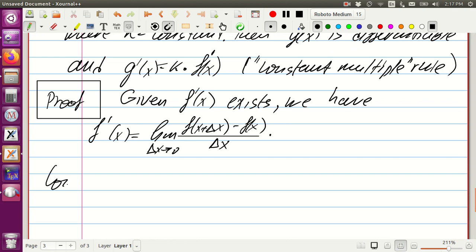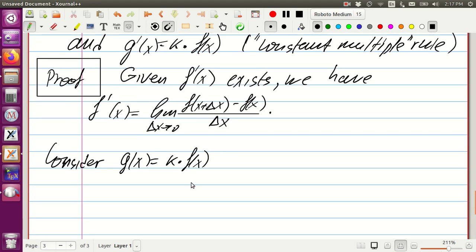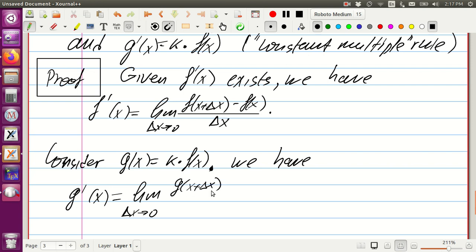So now we're going to consider g of x, which is equal to k times f of x, and we're going to build the derivative for this function. So we have g prime of x equal to the limit when delta x goes to 0 of g of x plus delta x minus g of x over delta x.